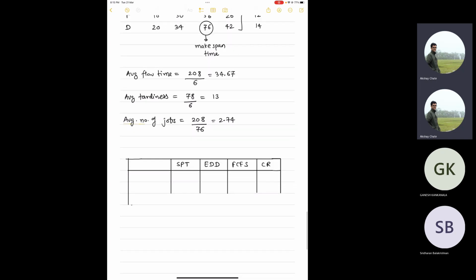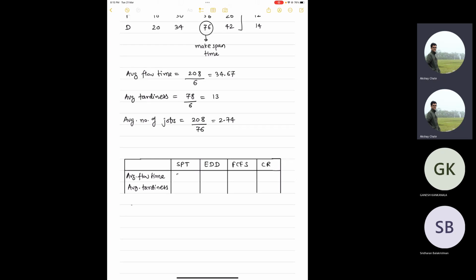And what you observe, let's say you use two parameters for comparison: average flow time and average tardiness.